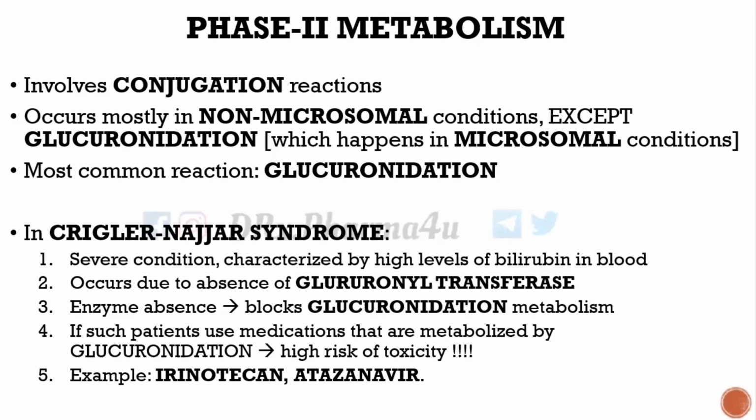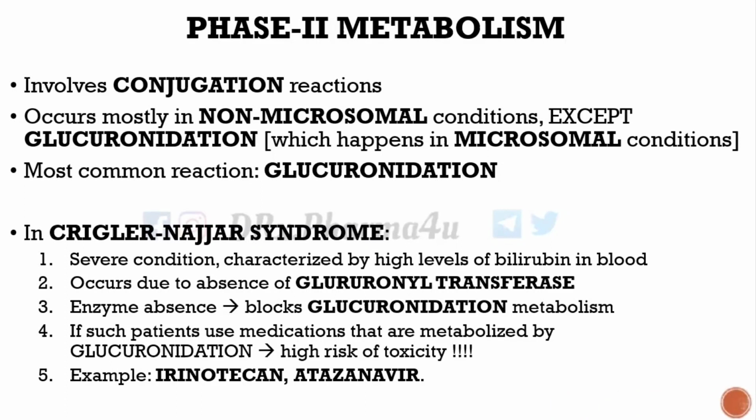And if you are taking a particular medicine, for example, irinotecan, atazanavir, and you have Crigler-Najjar syndrome, these medicines will not get metabolized. So they will stay in your body for long periods, which can lead to potential toxicity. They will show their respective side effects.